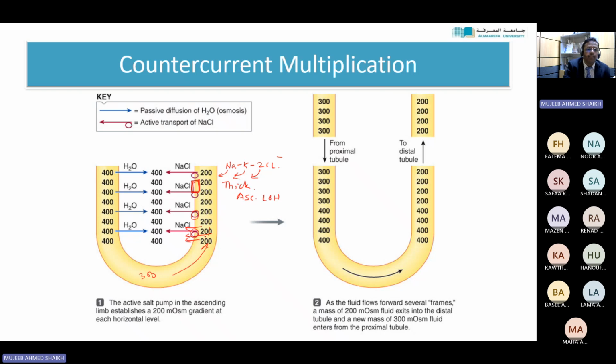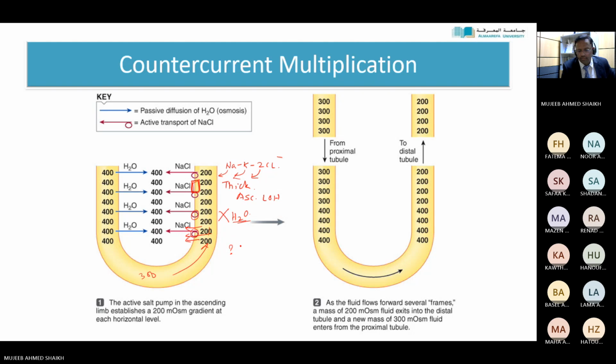What will happen if they take solutes? Because this segment is impermeable to water, water cannot go out. Only solutes are lost. What will happen to the fluid? Will it be the same, or will the osmolarity increase or decrease?